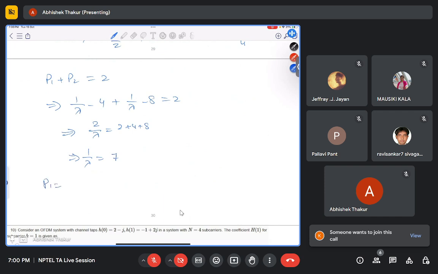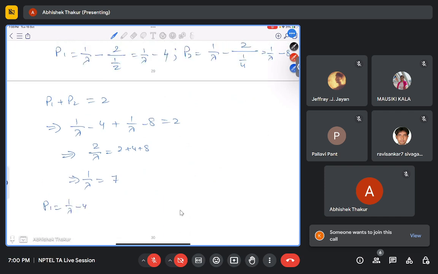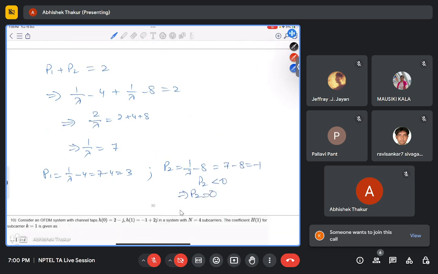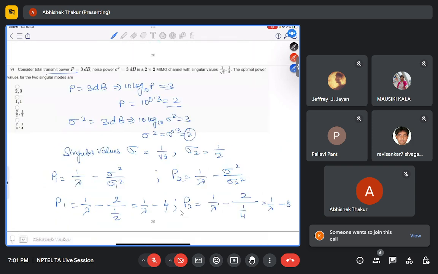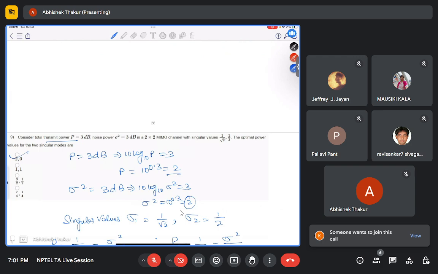Now P1 is 7 minus 4, that is 3, and P2 is 7 minus 8, that is minus 1. Since P2 is less than 0, P2 is equal to 0, and therefore P1 is equal to 2, as P1 plus P2 is equal to 2. So the correct answer is 2 comma 0. So option A is the correct answer for this question.